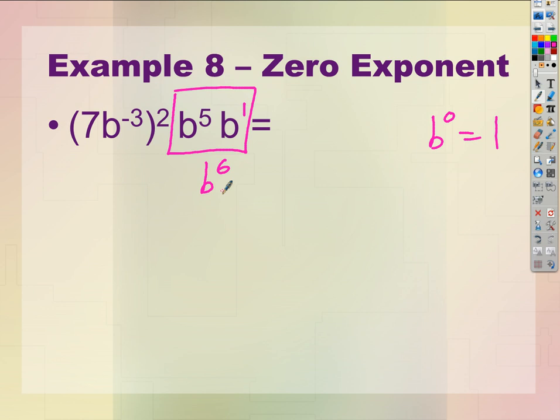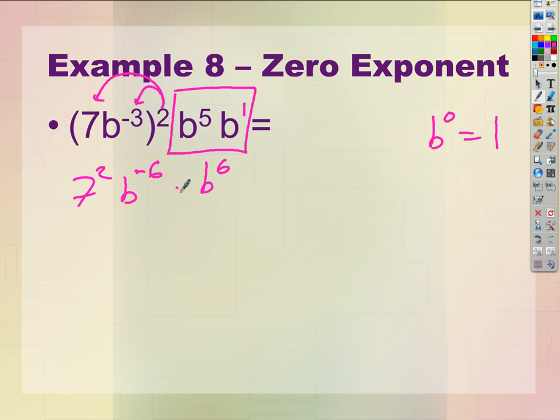Now, what's going on over here? If I have the quantity 7 times b to the -3 squared, what do I have to do there? Multiply. Okay, good. I've got two factors here: the 7 being multiplied by the power b to the -3. I have to distribute that to both parts, right? So I'm going to get 7 squared times b to the -3 times 2, -6.